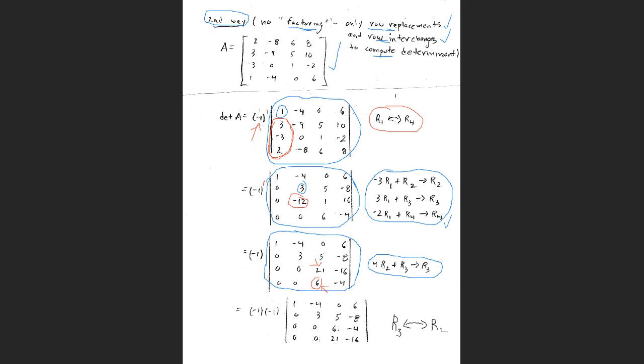Now, did that produce something that we have not seen yet? Something new? Another -1. That's right. Thank you, Hung. Anytime you do a row interchange, you introduce another -1 factor.